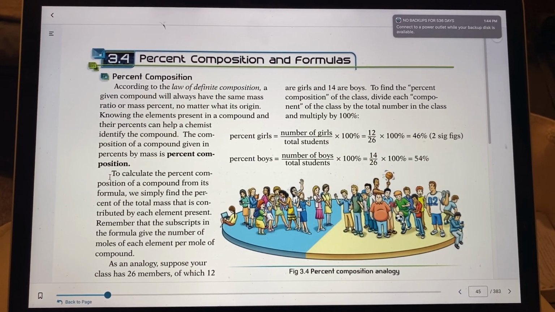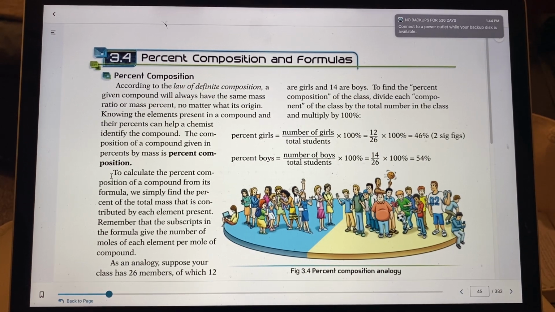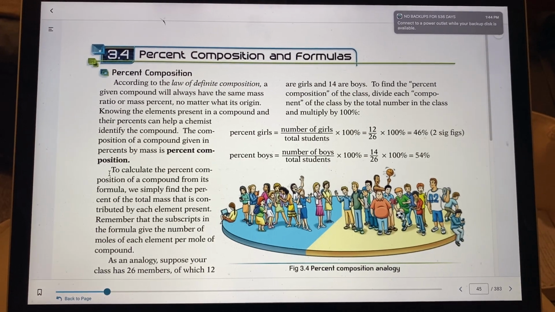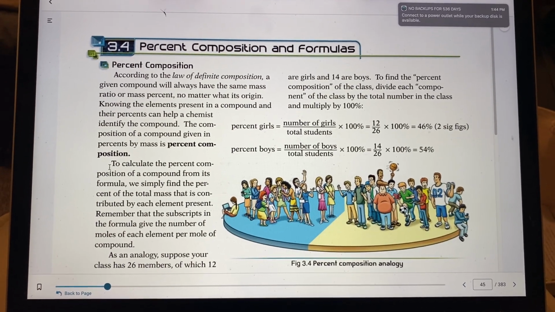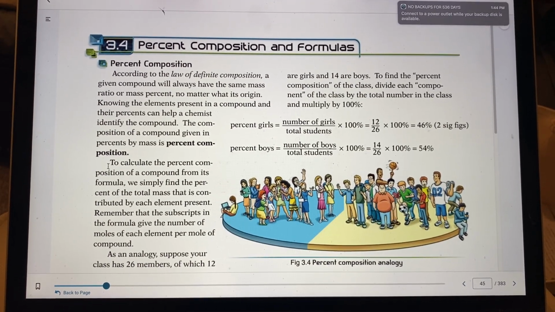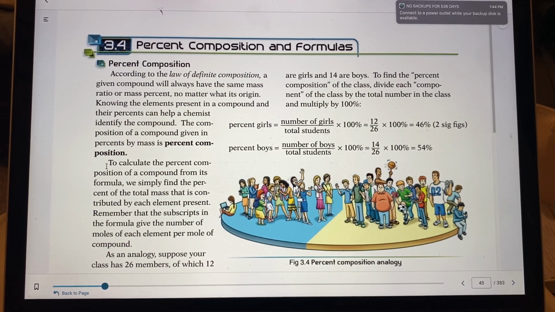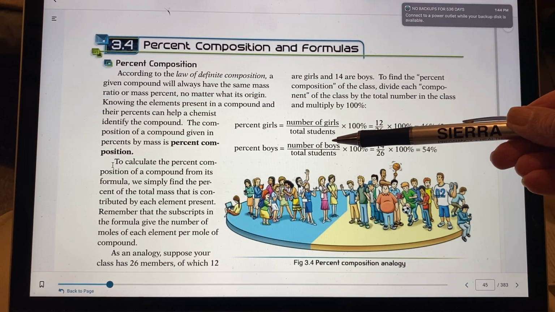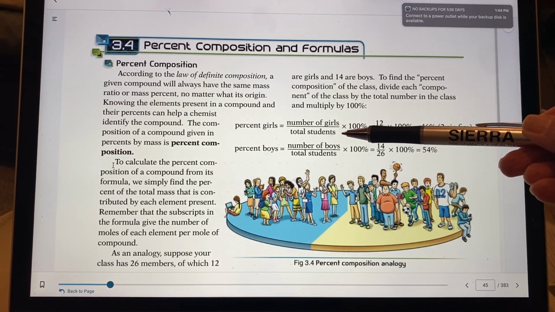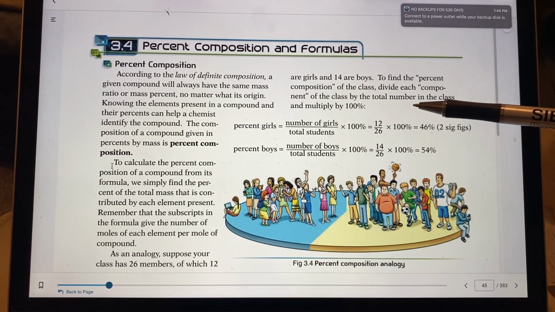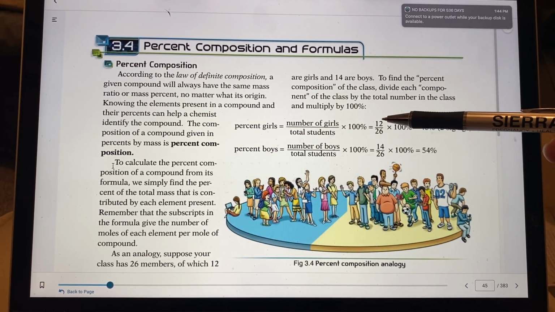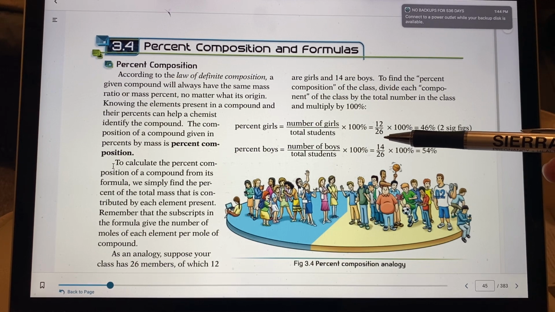So I'm not going to go into it, but if you have a room full of girls and boys, you divide it into girls and boys, count how many there are, and then find out the percent compared to the total. So you'd take the number of girls divided by the total number of students. Say there are 12 girls and 26 students.